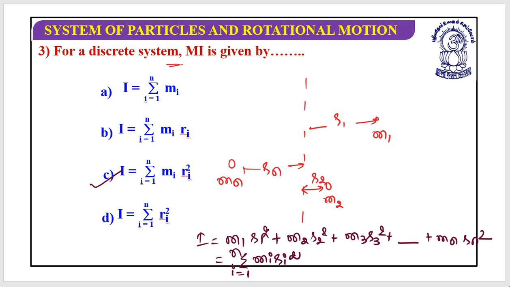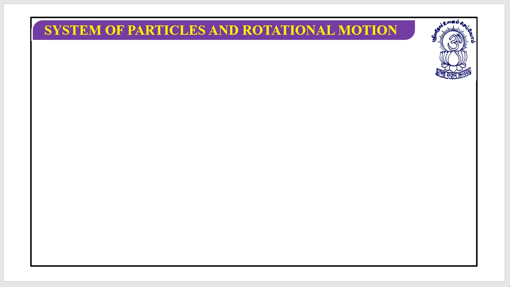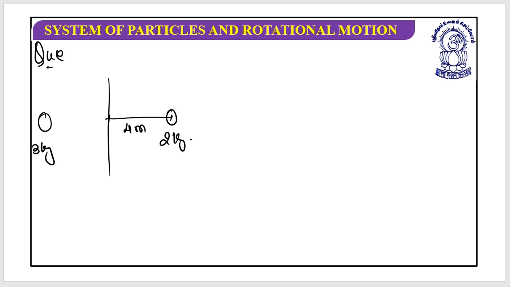Let's have a look. So the situation is something like this. This is the rotational axis. This is one of the objects having a mass of 2 kg. This is the distance, which is 4 meter. Here this is a different object having a mass of 3 kg, and this distance is 2 meter, and they are rotating like this with this as the rotational axis.